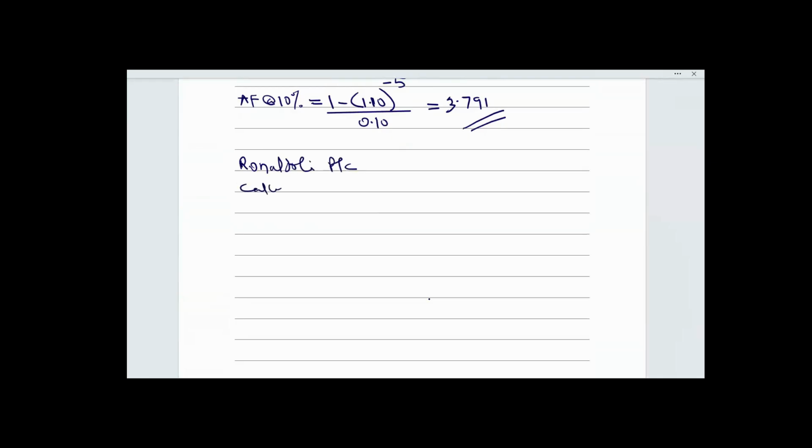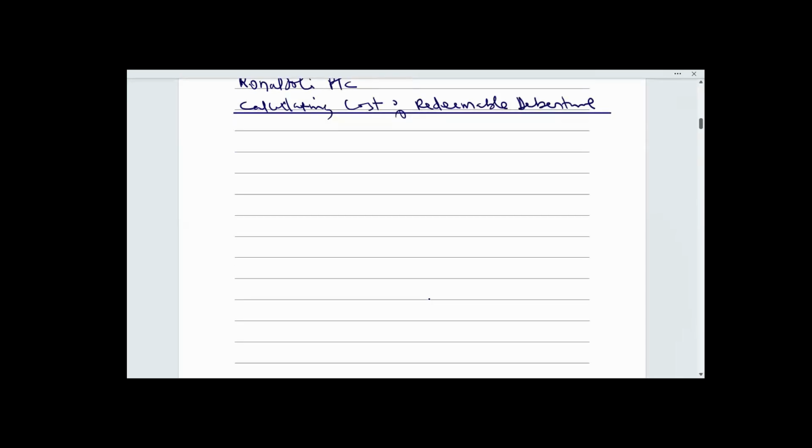So we're asked to calculate the cost of redeemable debenture. We have identified that this is a redeemable debenture. We have two different requirements. The first requirement is where there is no tax. So requirement 1, where there is no tax.